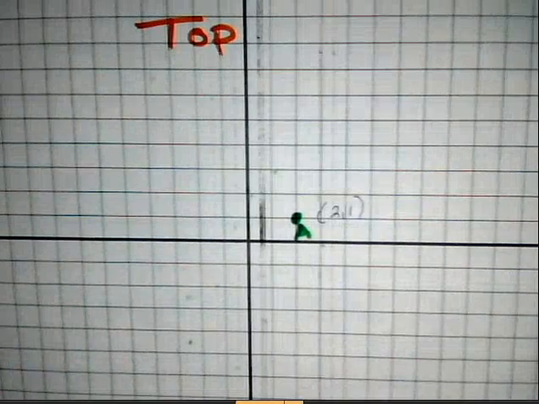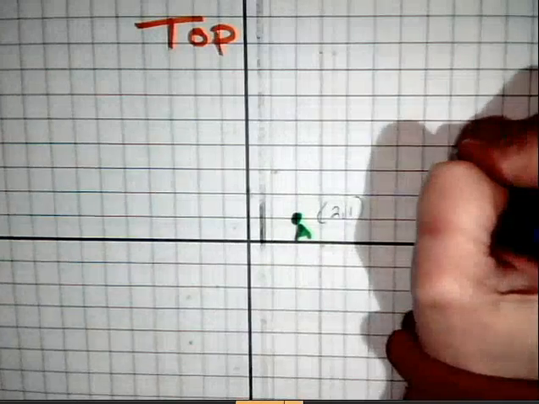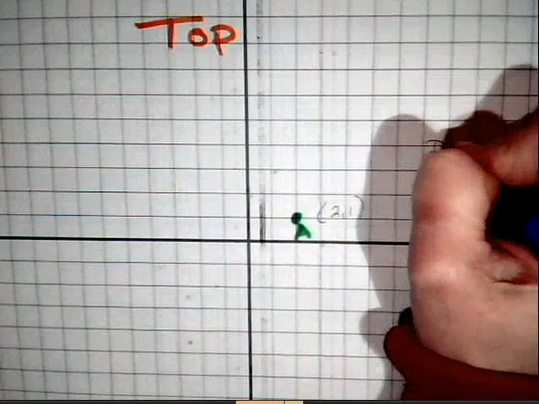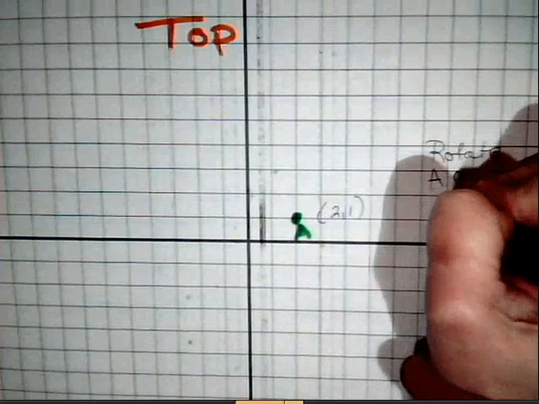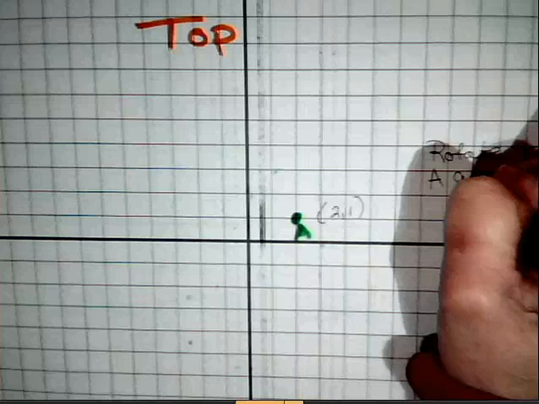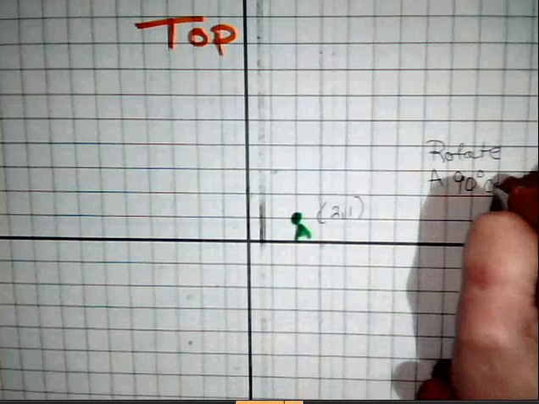Now, say I want to rotate A 90 degrees counterclockwise.